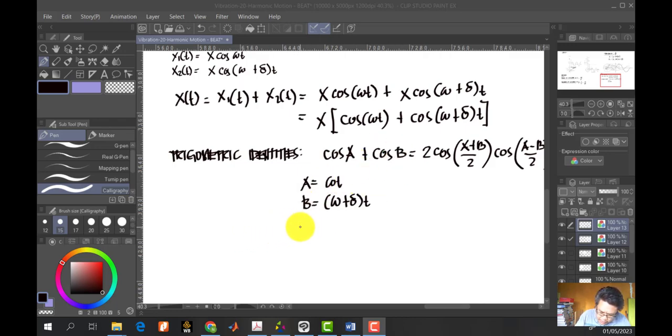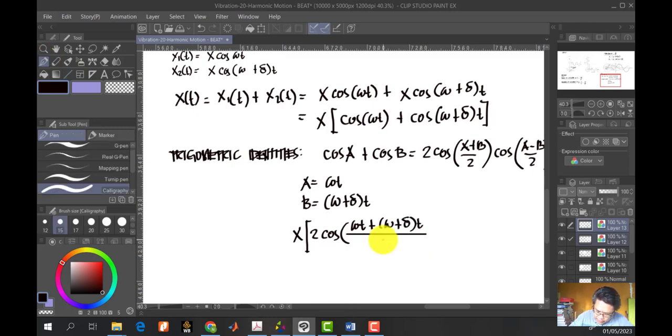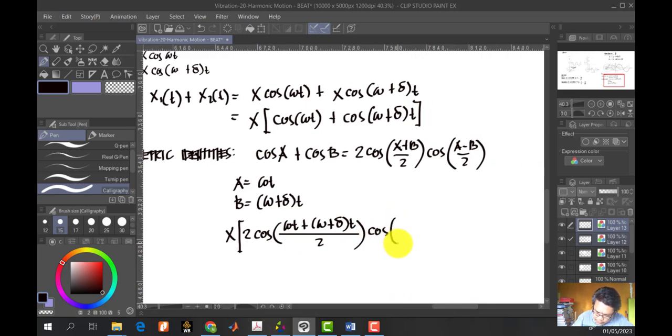I can say that my x is x times 2 cosine of the quantity angular velocity times time plus angular velocity plus lambda times time, all divided by 2, and multiplied by cosine.